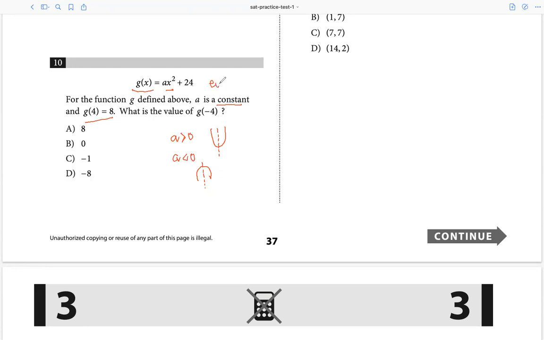So this is an even function, because there's no x term. So if we plug in negative x, g of negative x equals g of x, because negative x squared is still positive x squared. So g of negative 4 is the same as g of 4. It's 8. So the answer is 8.